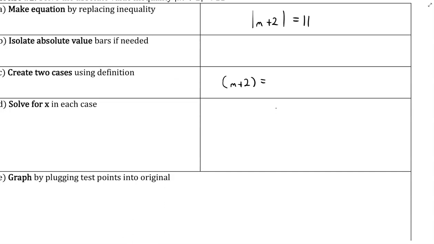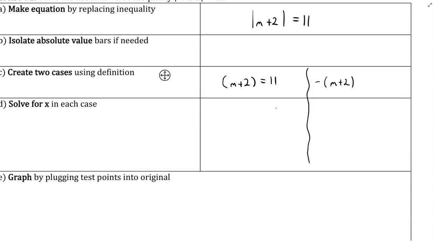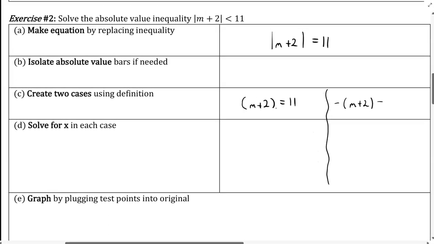And so that will be equal to 11. And then in our second case, we again take whatever is inside the absolute value bars. So what's inside the absolute value bars? M plus 2. But this time, we take the opposite version. So we stick a negative sign in the very front, and that's equal to 11.